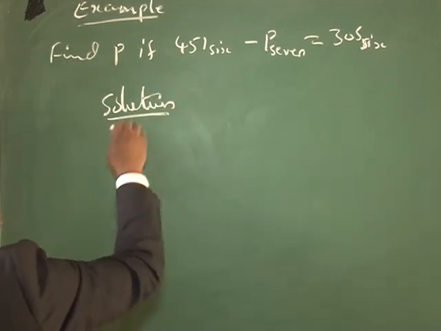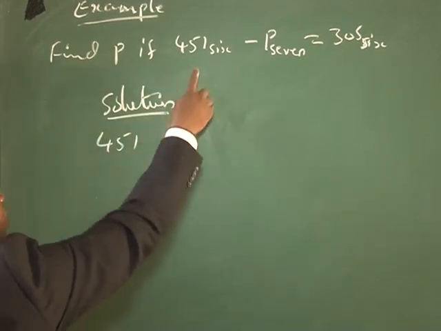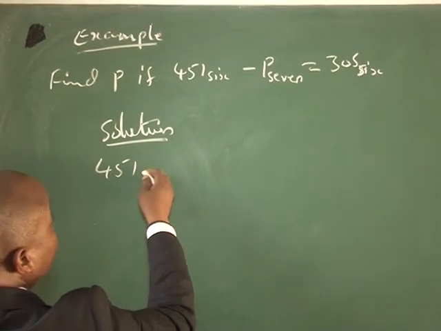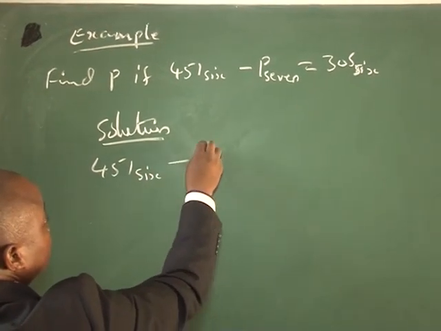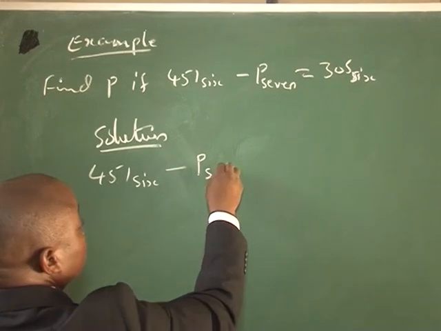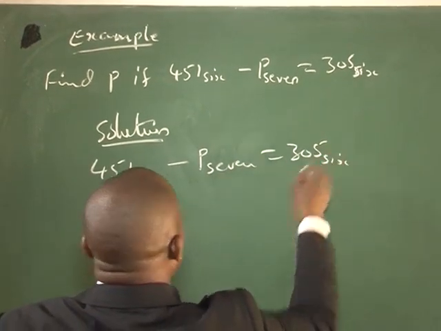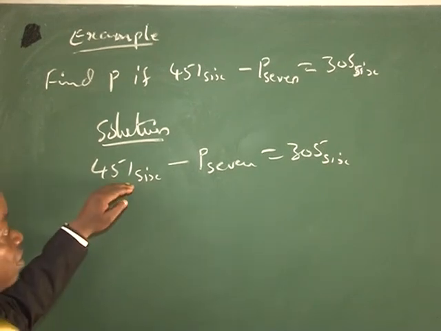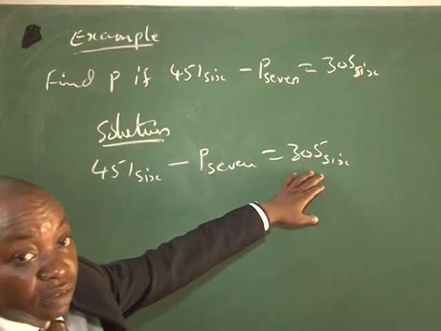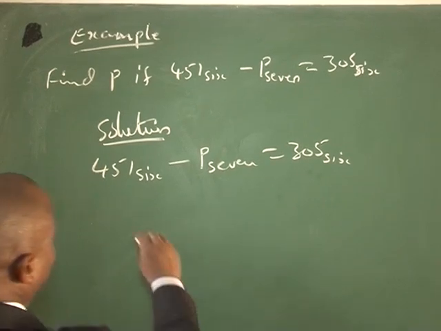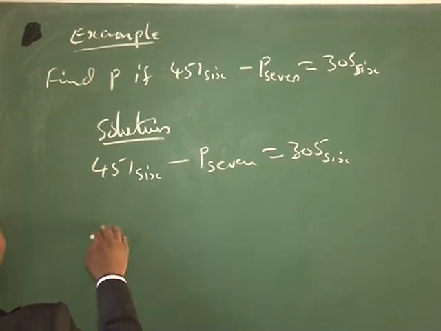We are going to first of all convert 451 in base 6 to base 10, also convert 305 base 6 to base 10. Now we start with 451.